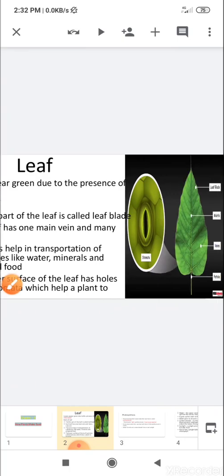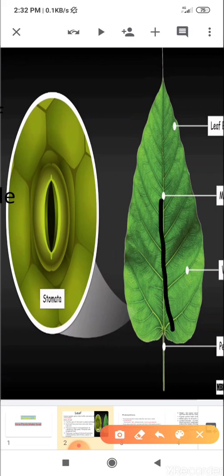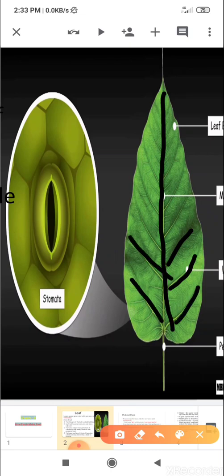So here you can see in the structure the middle line, a tube-like middle line which is known as the main vein or midrib, and the side ones are the side veins which help in the transportation of water.